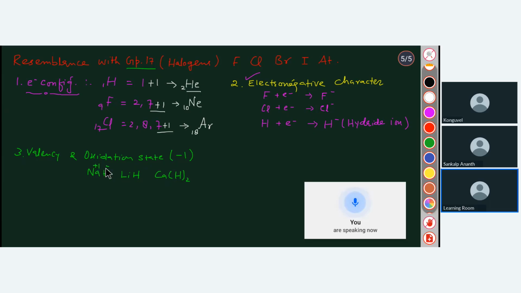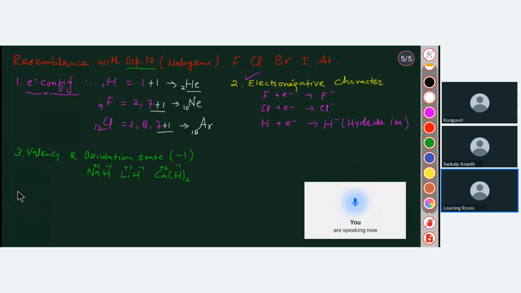Sodium has +1 and hydrogen -1. Similarly, lithium +1, hydrogen -1. Calcium will be +2. So it resembles the halogens, group 17, in the oxidation state.